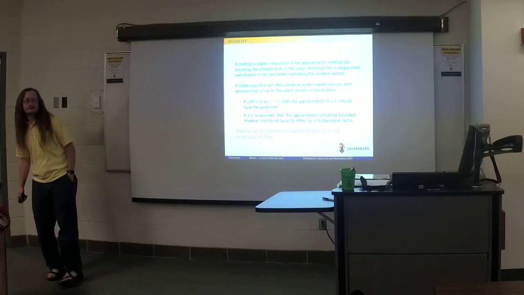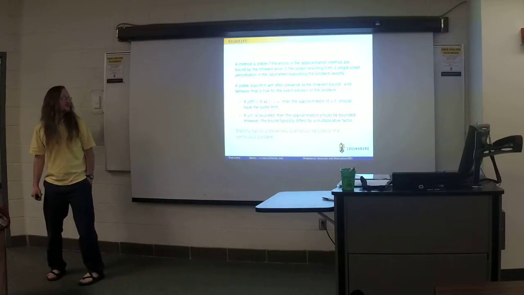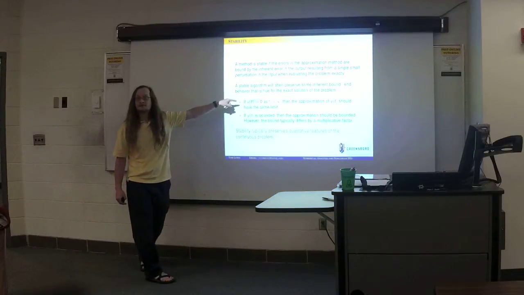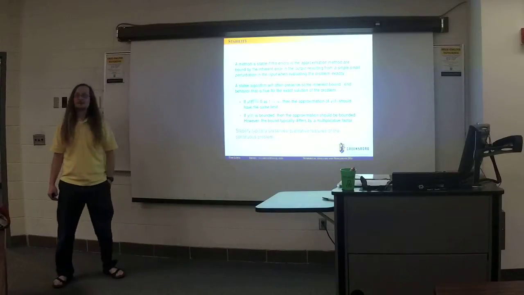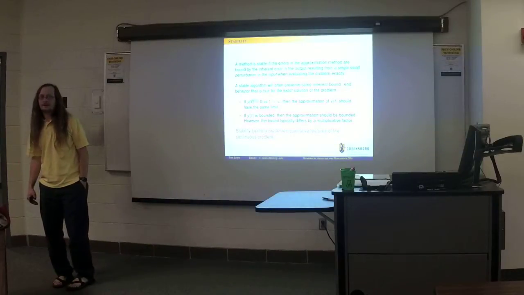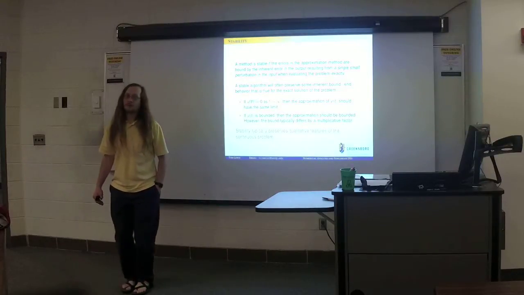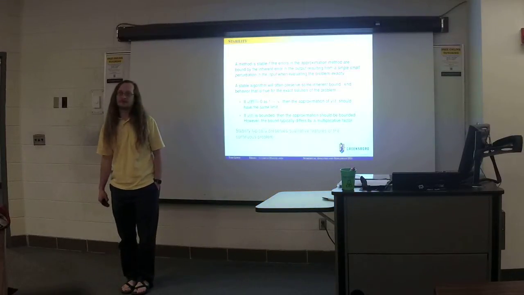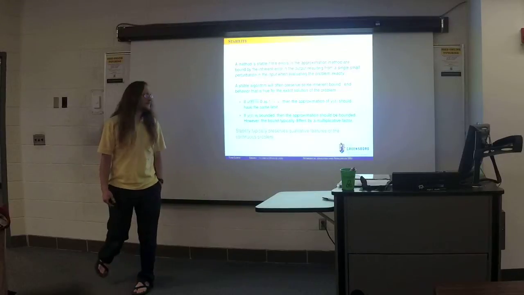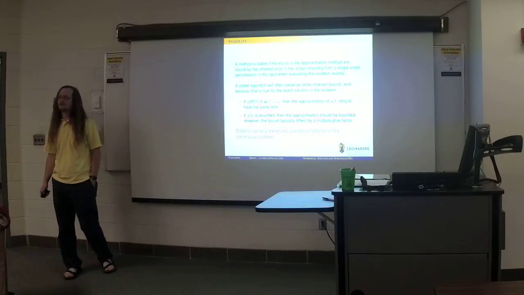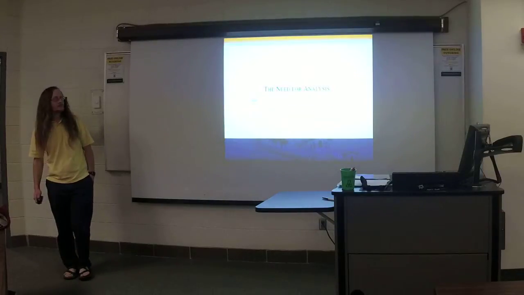Heuristically, say I'm solving a differential equation, I know my solution eventually decays to 0 as time goes to infinity. Hopefully my numerical method will do that. Usually we weaken it a little bit and say if my original solution is bounded, I really want numerical methods where my approximation is always bounded. All right. So stability is more of a qualitative feature in some sense.